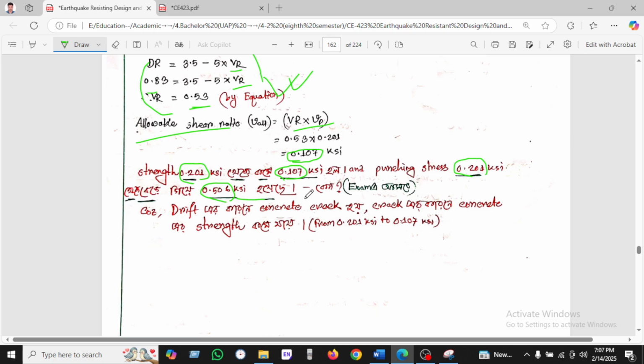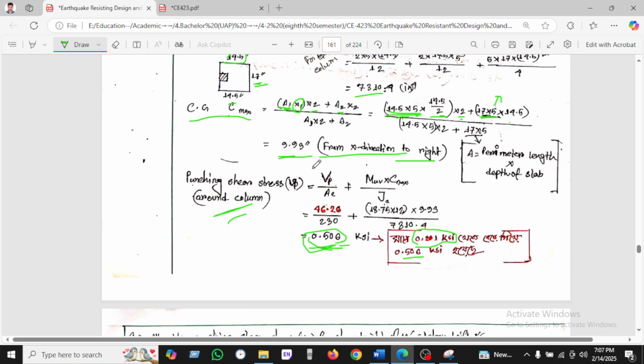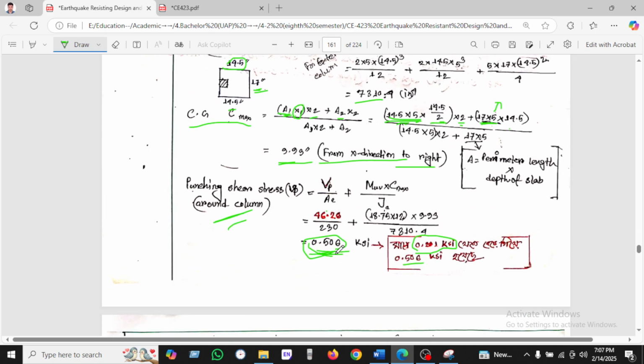to 5.506 ksi, because the concrete is cracked due to drift. That's why the concrete strength is reduced from 0.201 to 0.107. So this is 0.107 and this is 507.